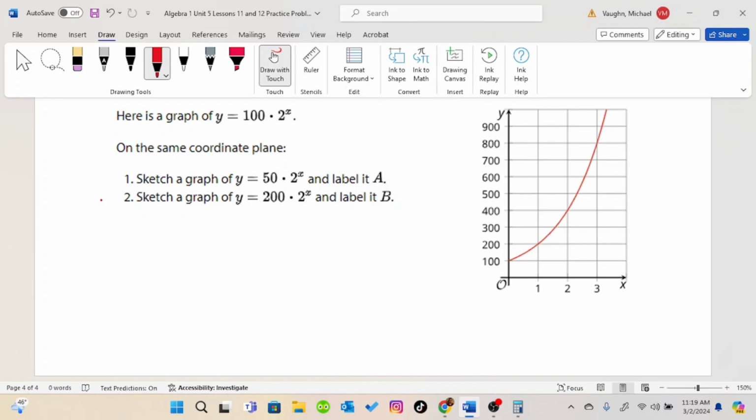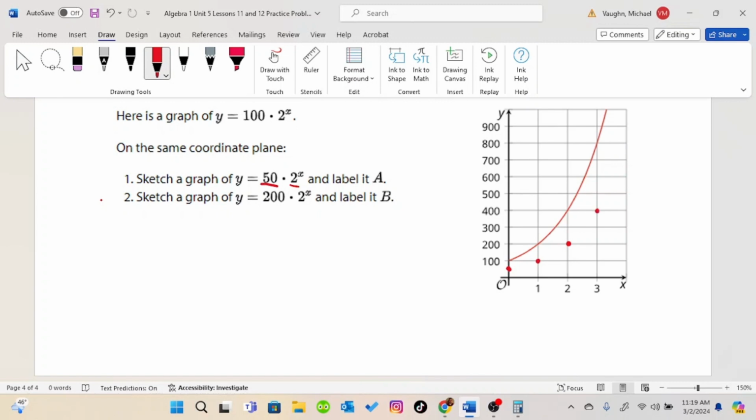So for A, we know we have a y-intercept of 50, and we know that it's going to double each time. So after 1, 50 times 2 is 100. 100 times 2 is 200. 200 times 2 is 400.